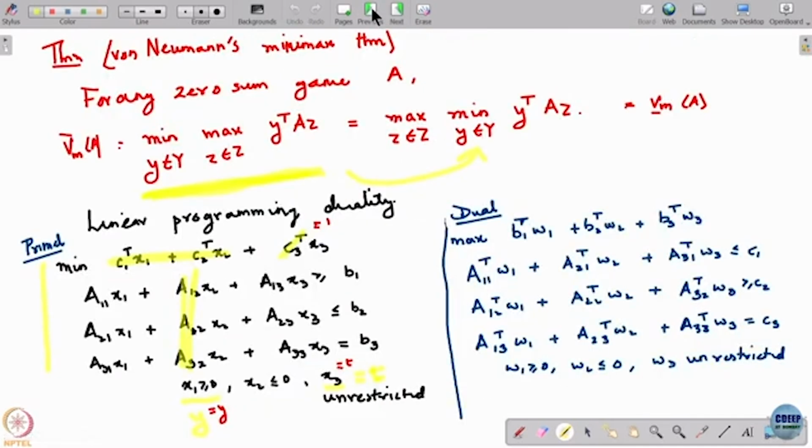This means that in my equality constraint here, my B3 should be scalar 1. y was X1, so the coefficient of y here should be 1 transpose, right? 1 transpose means that this A31 is 1 transpose here.